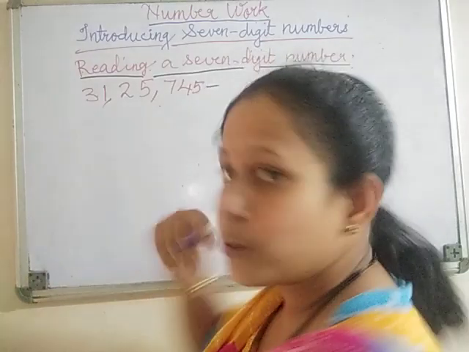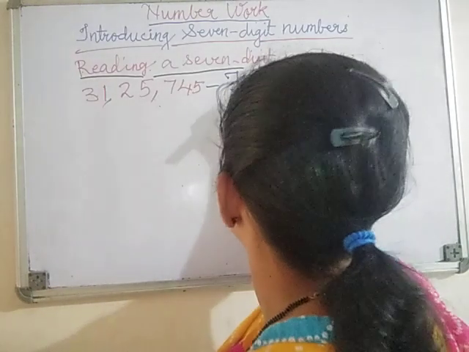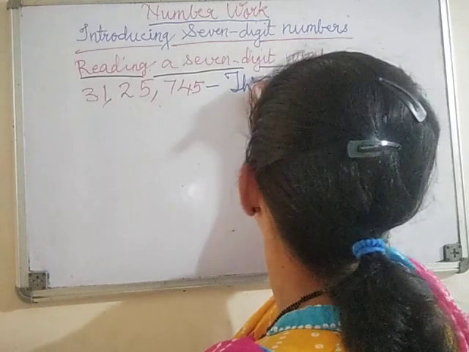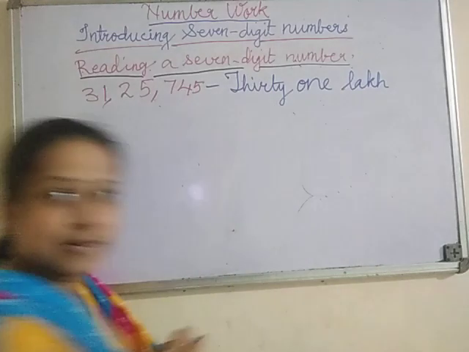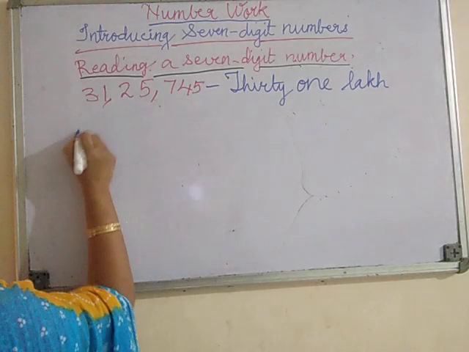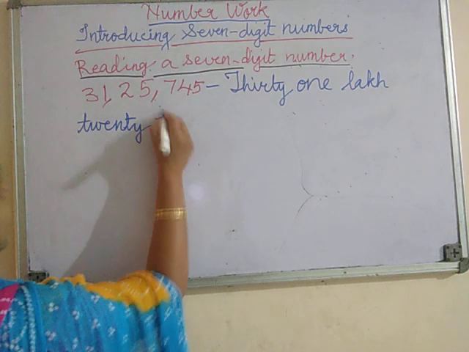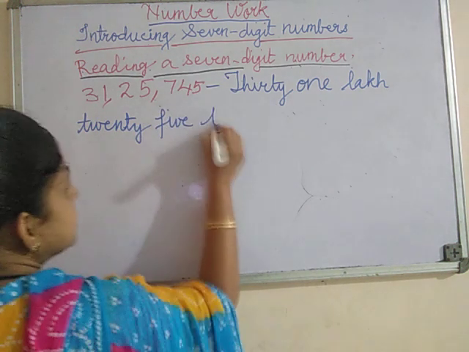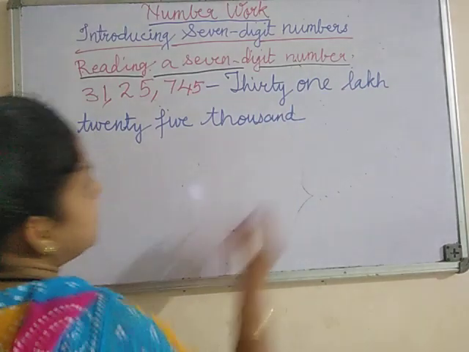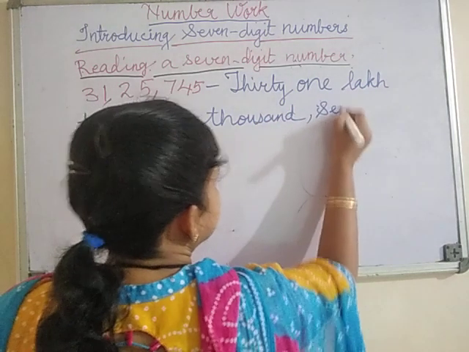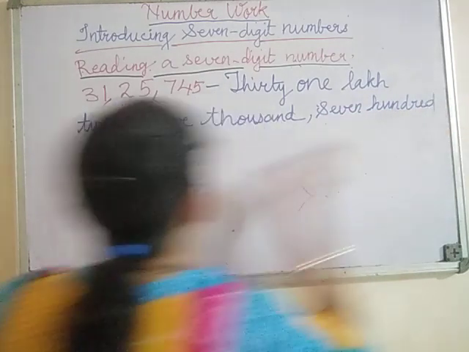And how are you supposed to write this in words? You will write this as 31 lakh, fine, 25 thousand, 745.